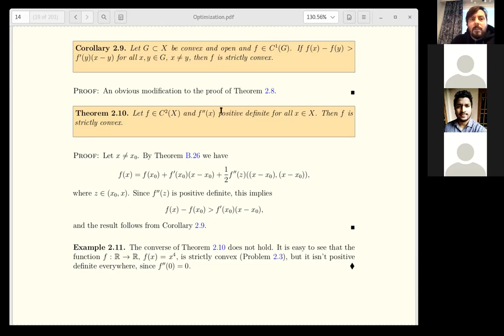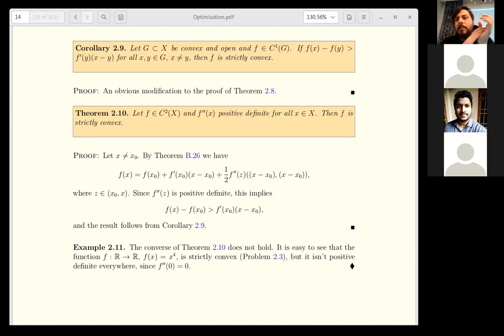But positive definite means basically, now let's think in terms of matrices. A matrix is positive definite if and only if you take a vector x transpose A x and it is greater than or equal to 0, regardless of what x is, and it is equal to 0 only if x is 0.